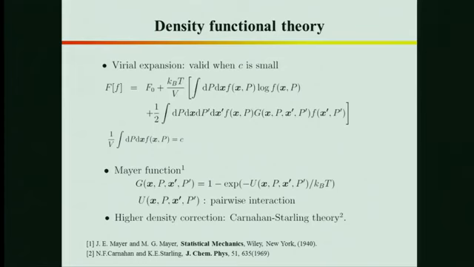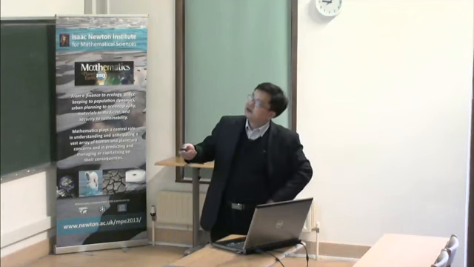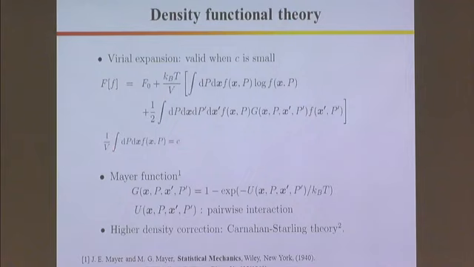This is the two-molecule interaction. Under this constraint, the average density is a constant. The important thing here is the pair interaction. This time you use the Mayer function, like this. We say this is the pairwise interaction.